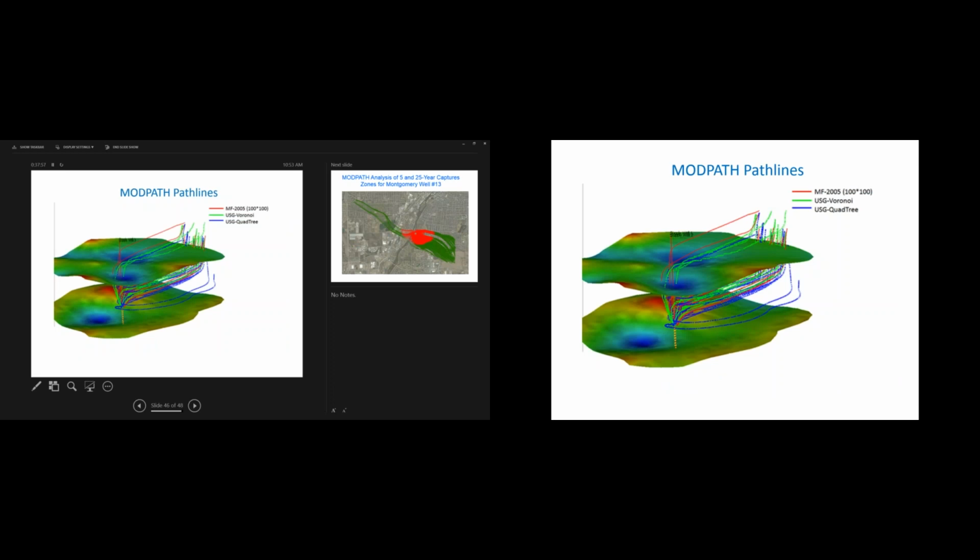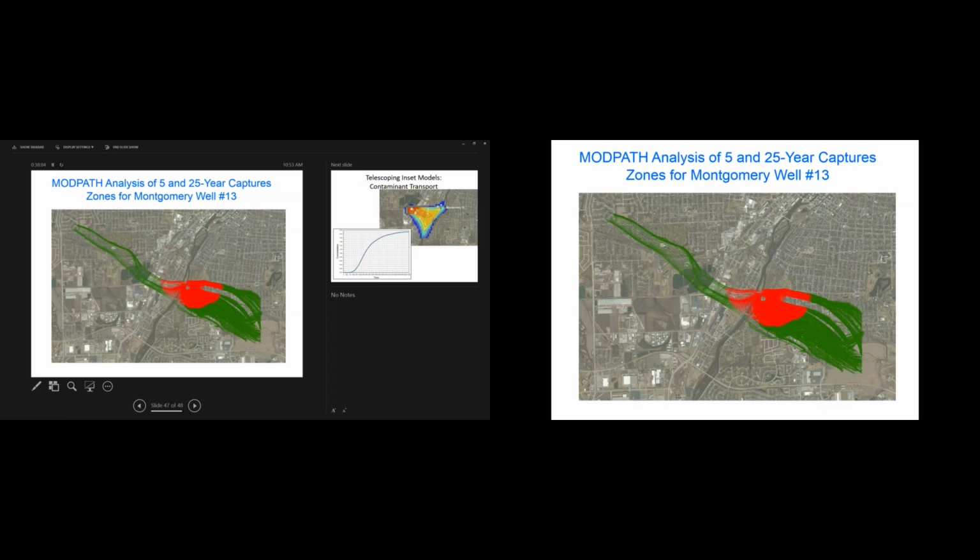Then particle tracking is another module that we can add to that. This is an example from the Orange Report for one of Montgomery's wells. I think these are 5 and 25 years.